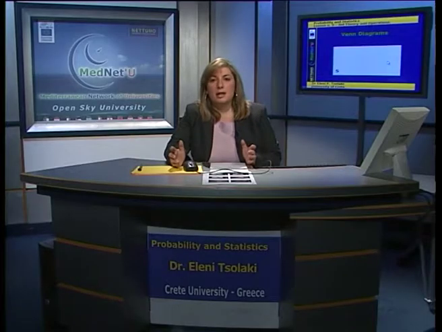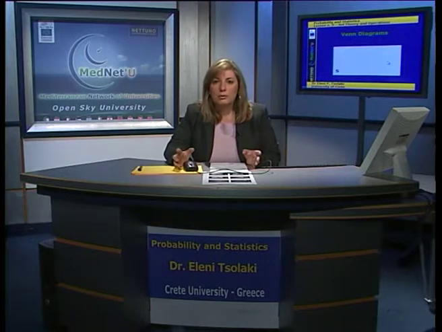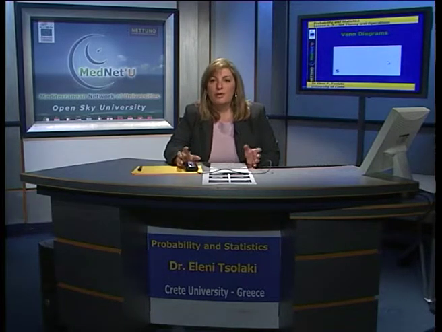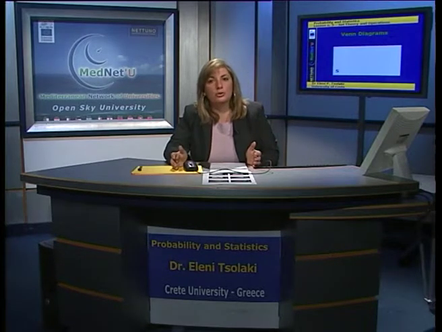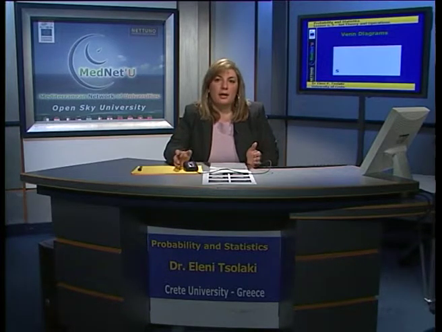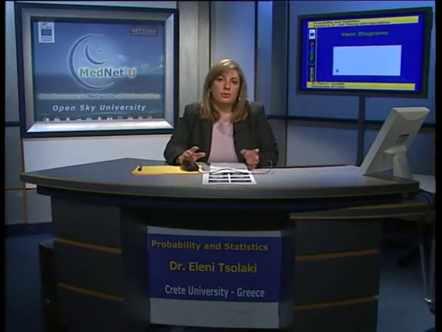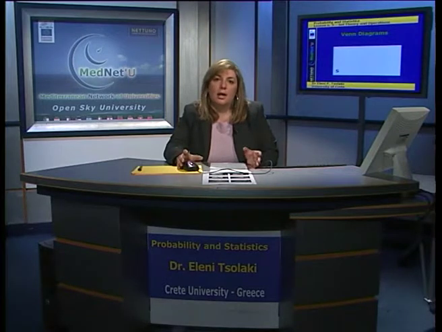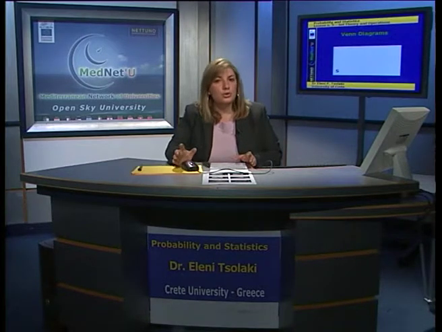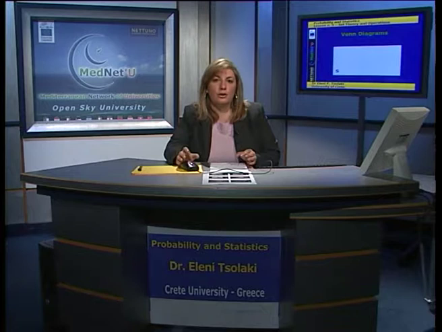Now, this rectangle is usually used for the sample space, although it's not wrong to represent the sample space graphically in any other way. Usually, in most books, we are going to see it as a rectangle.